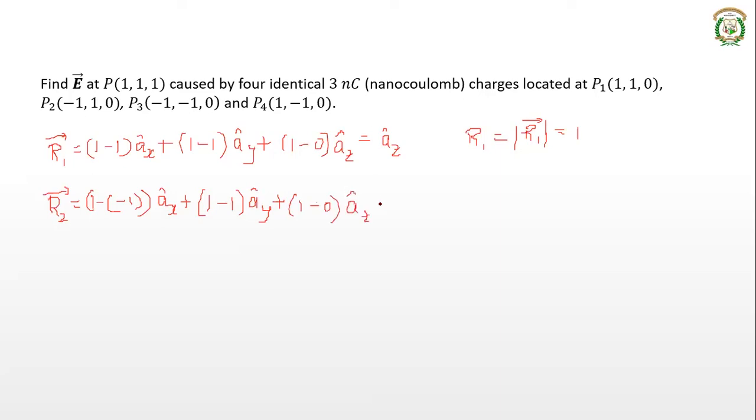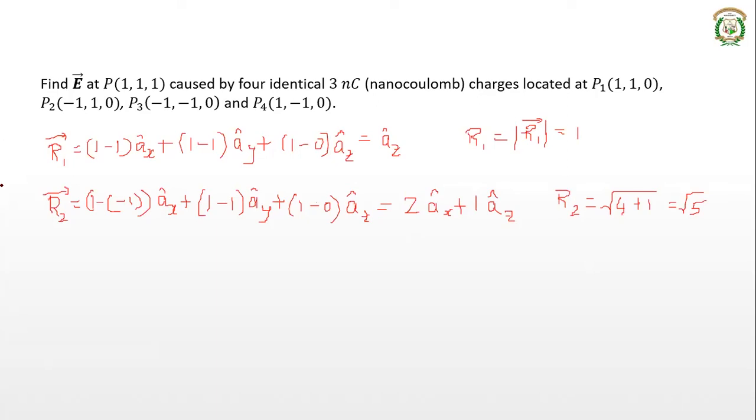What do you get? 1 minus minus 1 is 1 plus 1, that is 2 AX. 1 minus 1 is 0, so there is no AY component, whereas there is 1 unit in the Z direction, so plus 1 AZ. The magnitude of R2 is the square root of 2 square plus 1 square, which is 4 plus 1, so the magnitude is root 5.